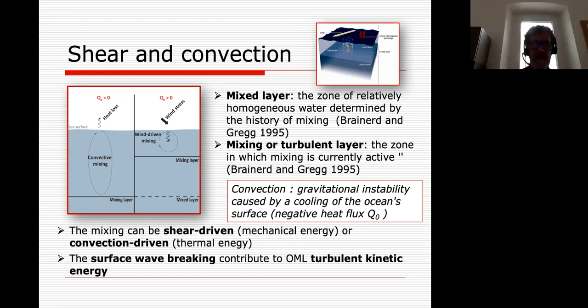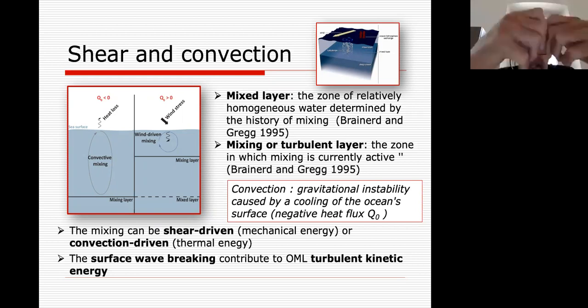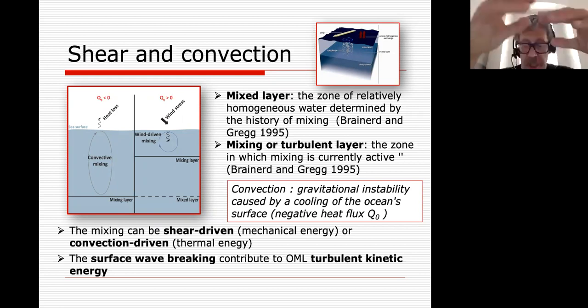But what we learned from that is that we can have two different kinds of forcing. One is the shear-driven mixing, which is essentially mechanical energy. The other one is convection-driven, so thermal energy. So one part is related to the mechanics. The other one is related to changes in density.